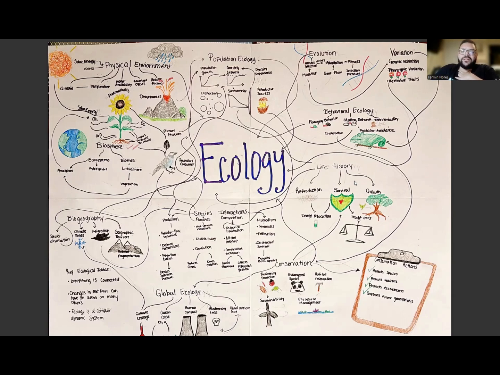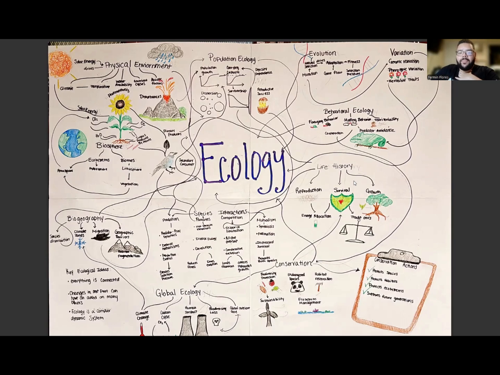Trade-offs often occur because investing more energy into one function may reduce energy availability for another function. These strategies are influenced by environmental conditions, species interactions, and evolution. Life history connects directly to reproductive success, fitness, and population dynamics.